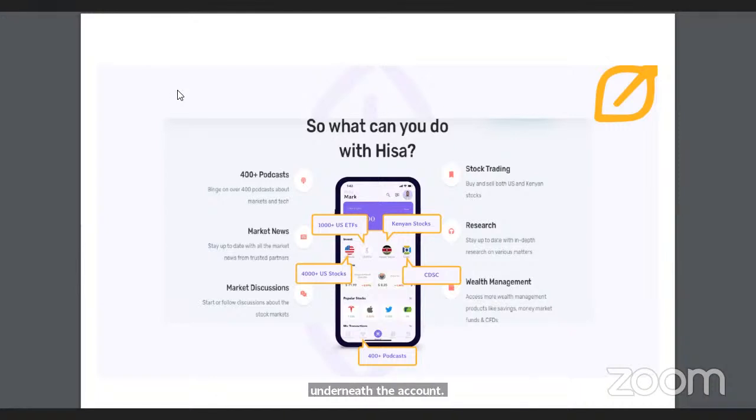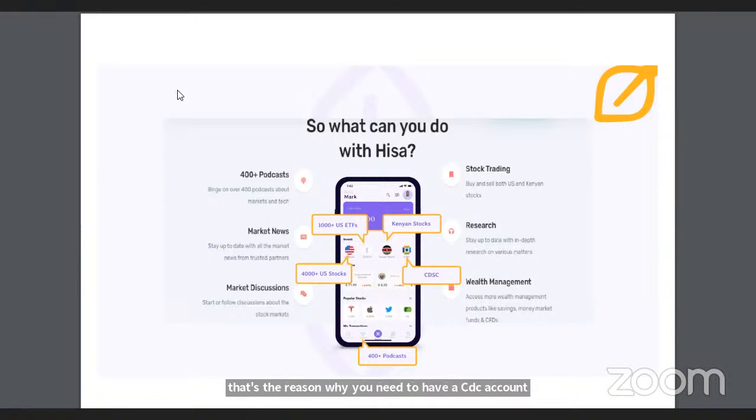Your CDSC account will be your special account where the shares you buy are held. That's the reason why you need to have a CDS account. And when you have a CDS account, you'll be receiving statements from CDSC telling you about your holdings and your activities throughout the month.